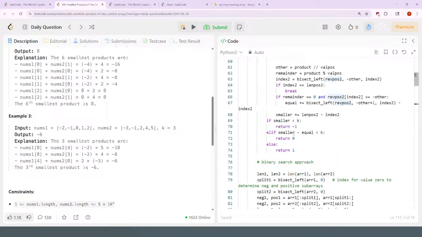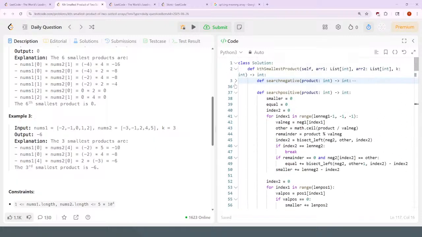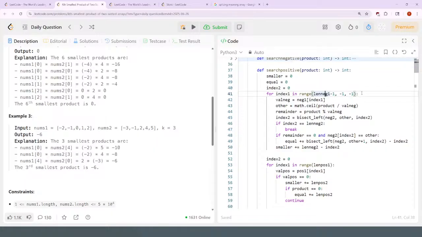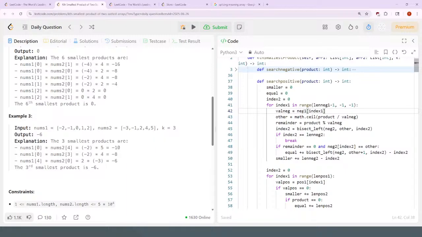In any case, going over this one less in depth, I'm iterating over the negatives, and the reason is less obvious to me now, but I went over the negatives in reverse fashion. In general, I'm counting the values smaller than this product.